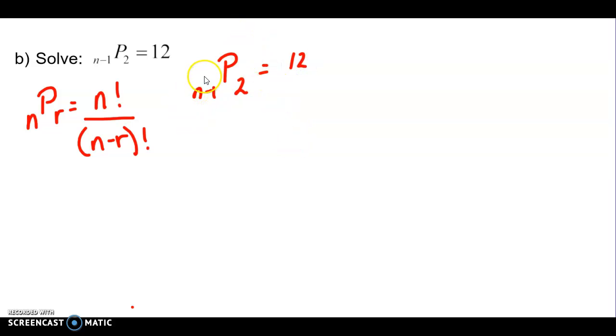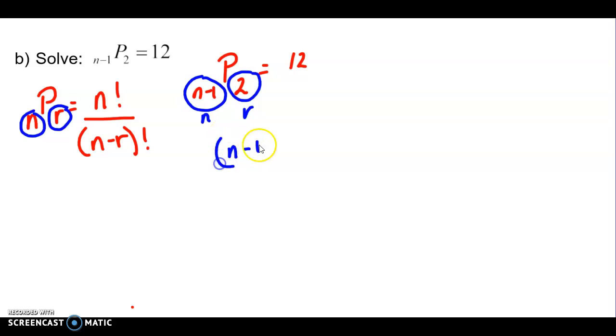So we're going to take a look that this is now n, and this number 2 is the r position. When we use this formula, we take whatever is in this first position, n minus 1 factorial, divided by whatever is here subtract whatever is here, n minus r.